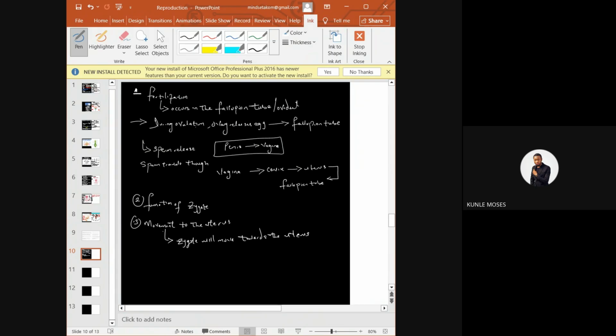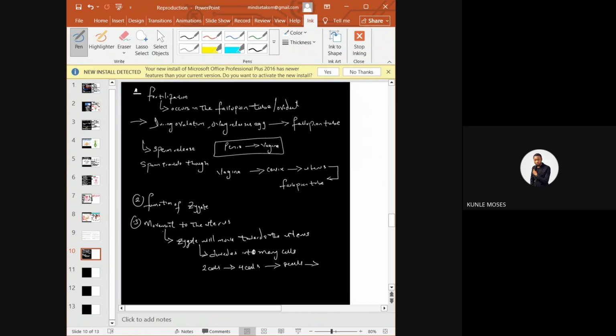After moving towards the uterus, as it is moving, it will be dividing into many cells, from 2 cells to 4 cells, from 4 cells to 8 cells, from 8 cells to 16 cells, and so on.